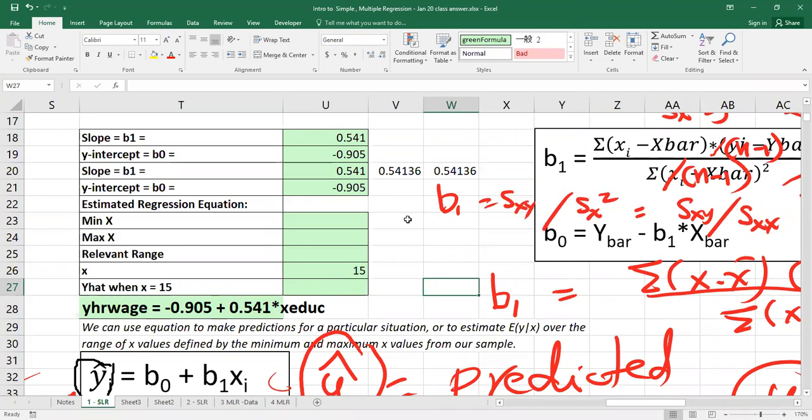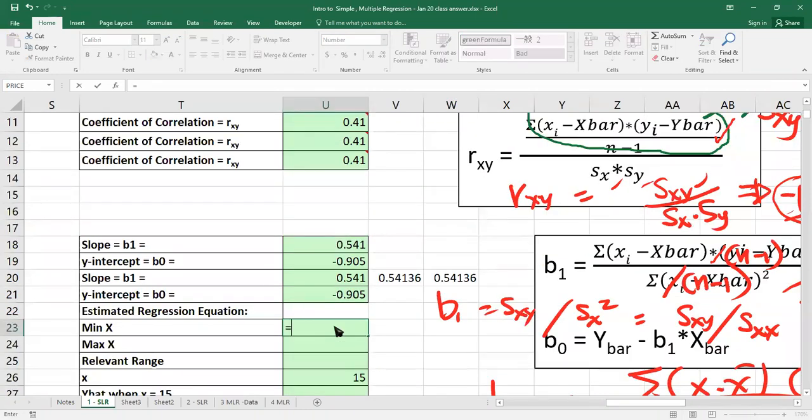Now take note, guys, what's the minimum value of x? Ano ba yung minimum ng x natin? Copy lang natin dito si x is this one, no?